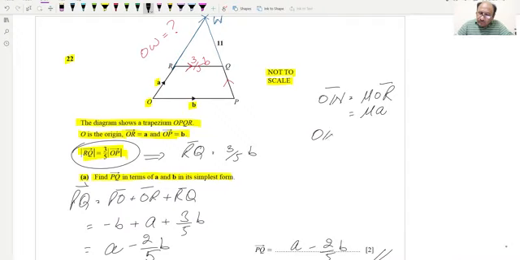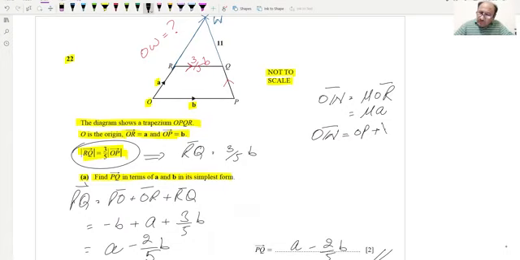And the second equation we can write basically, OW will be equal to OP plus PW. So OW is equal to OP plus something multiplied by PQ.